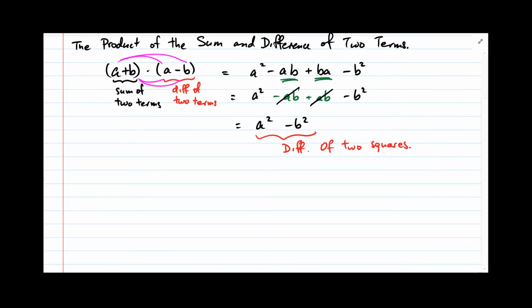We will sometimes use a piece of terminology. If I have a binomial, we'll talk about its conjugate.